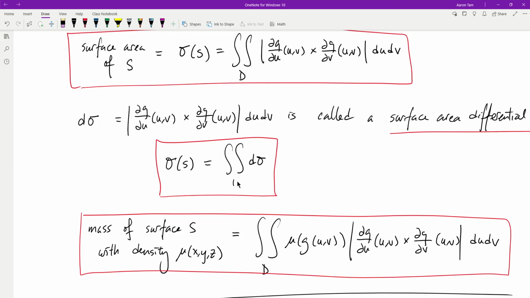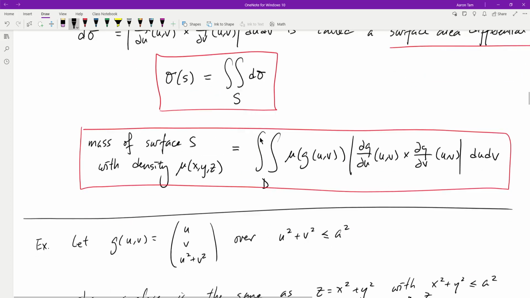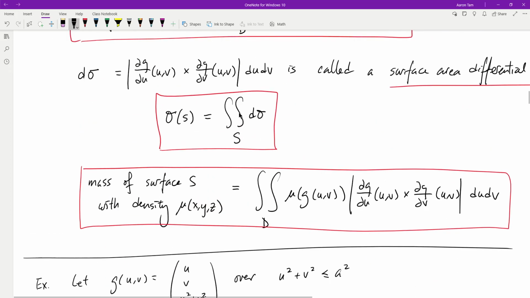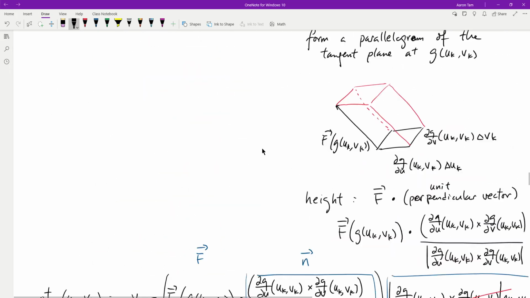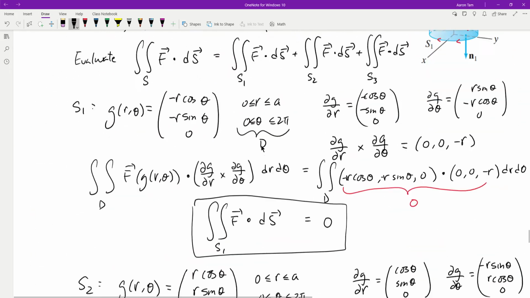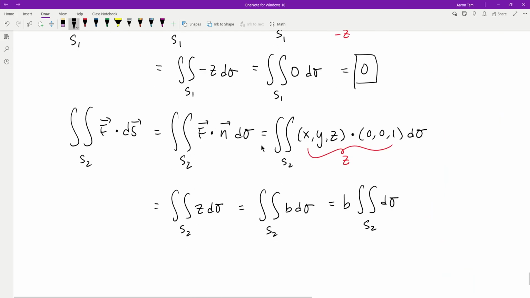I would say that should be an S. So make sure you fix that in your notes. In this case, what I have would just be the area of S2, which is a circle of radius a, so it will be pi a squared. Notice that's the same exact result we had previously.